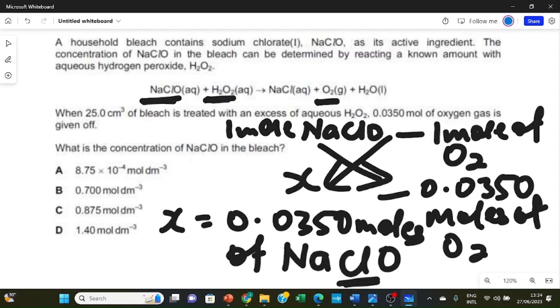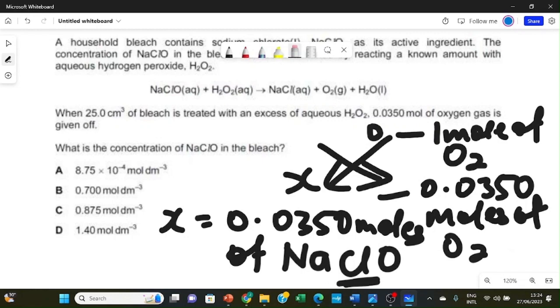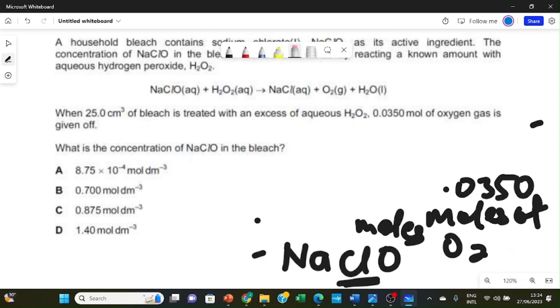Now, we took 25 cm³ of the bleach, then treated it with an excess of hydrogen peroxide. So hydrogen peroxide is in excess, so we don't need to bother ourselves with that. Then we are asked for the concentration of sodium chlorate(I). So I need to erase this, so I'll have enough space to solve our question.